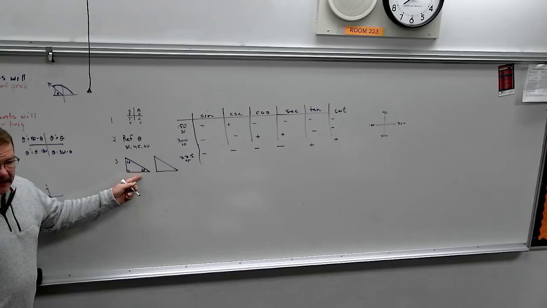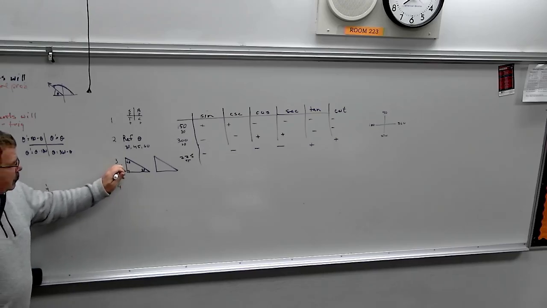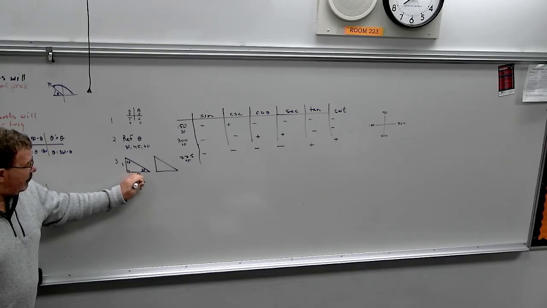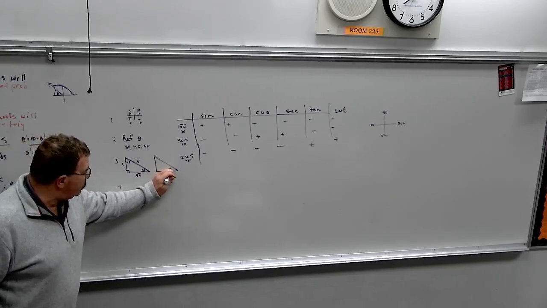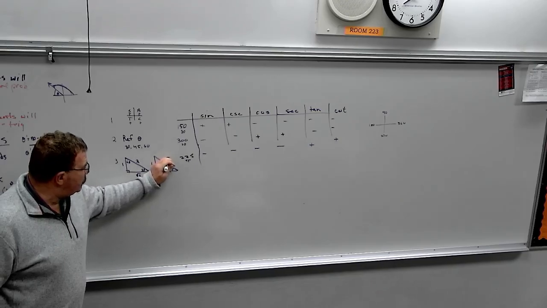Always just put 30 down below. What is always opposite of 30? 1. And opposite of 60? Square root 3. And the hypotenuse? 2. You just have to know those ratios. They never change. Okay, 45: 1, 1, root 2.